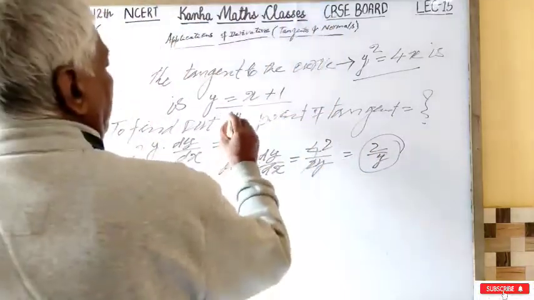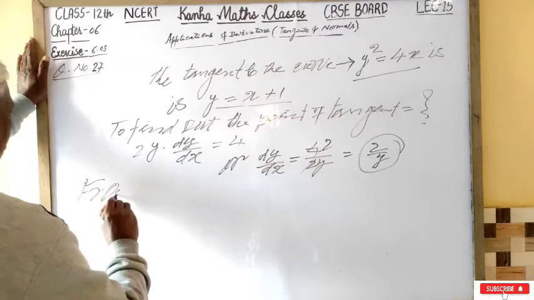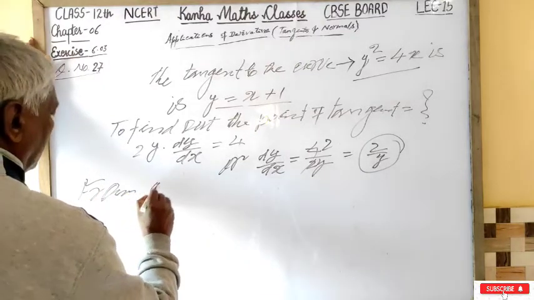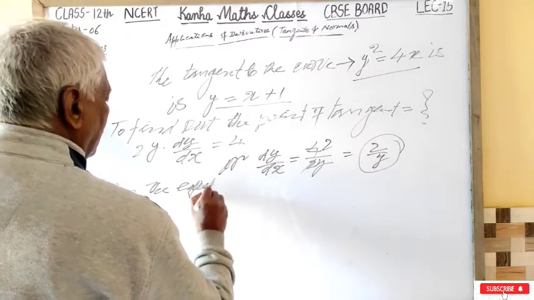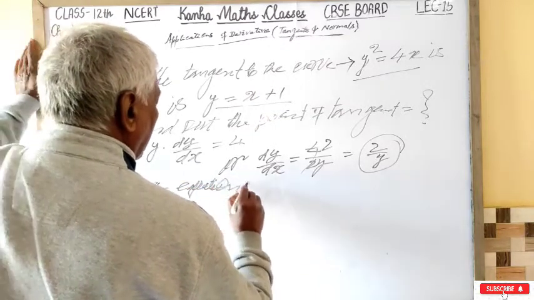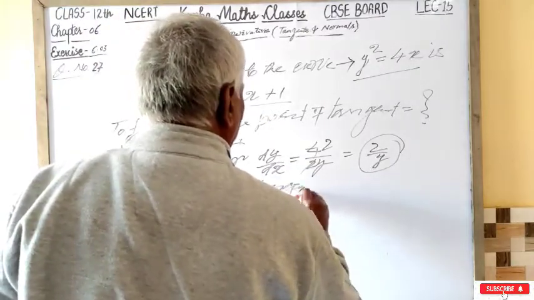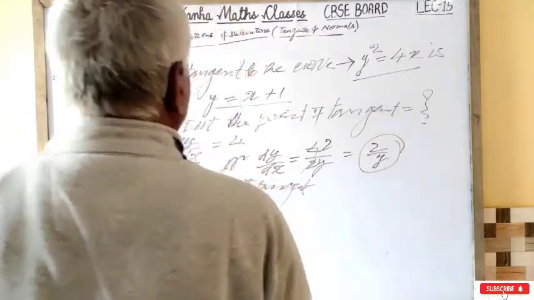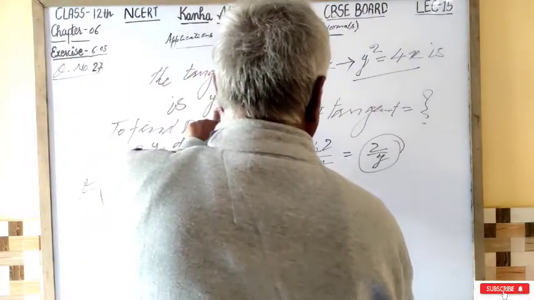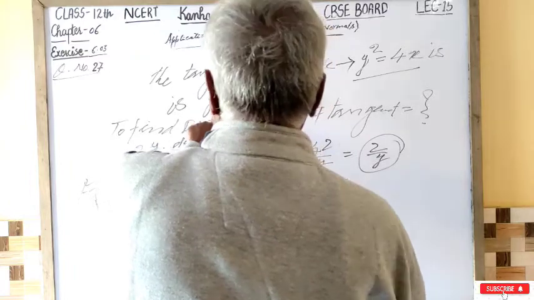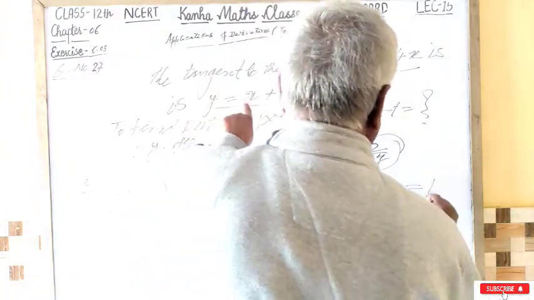But from the equation of the tangent, dy by dx is equal to 2 plus 0, that is 2.